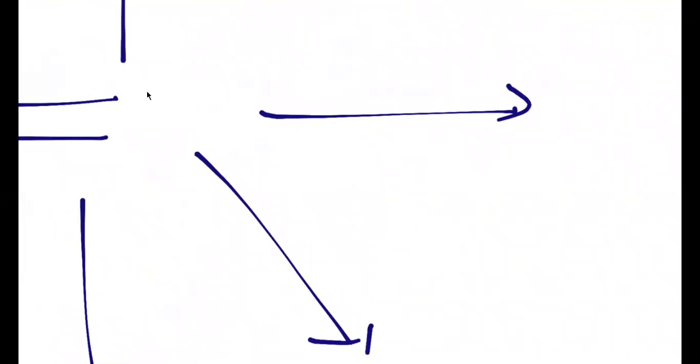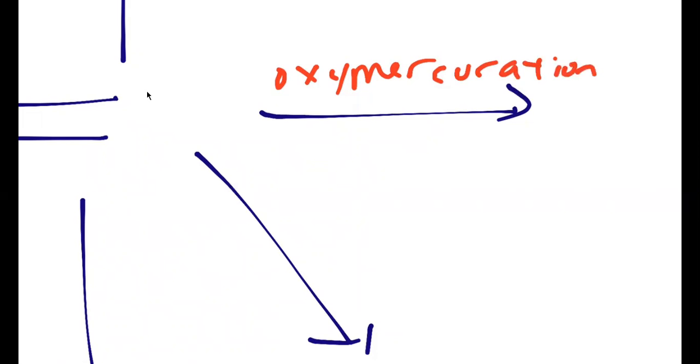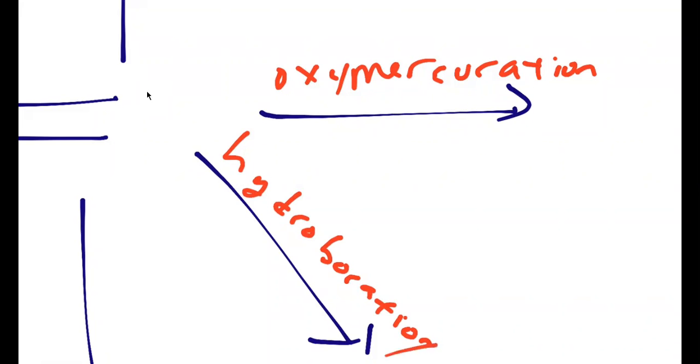We can do oxymercuration, or we can do what's called hydroboration. Don't panic. You'll know what all this stuff means by the time we get through this unit. And then follow that up with oxidation.